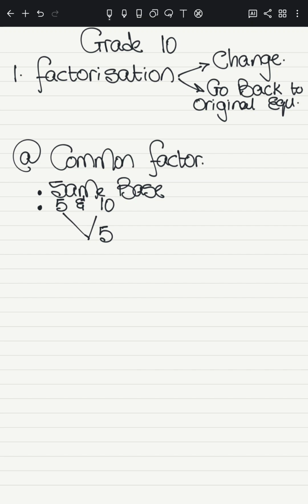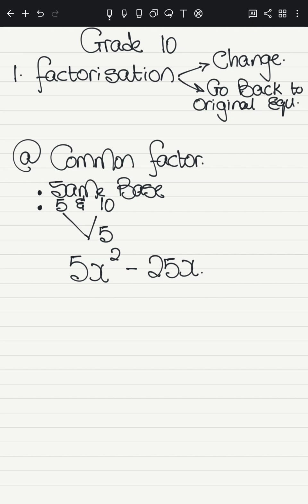For example, they can give you something like this: 5x squared minus 25x. These are not like terms because they have the same base, but they don't have the same exponent.